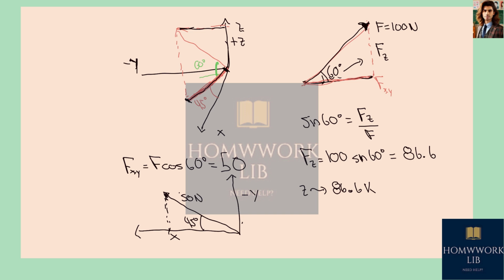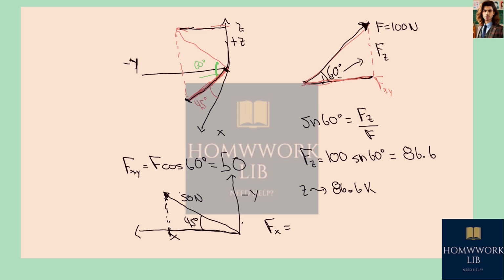So we can get the x component, same thing, we're going to use trigonometric functions. In this case, the x component, we want something that goes into the adjacent cathetus over here of our angle.